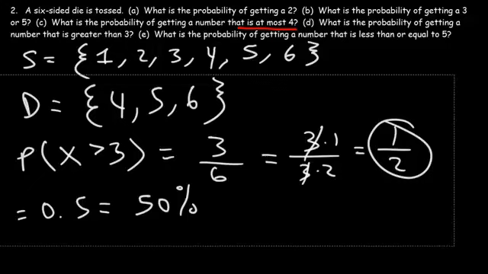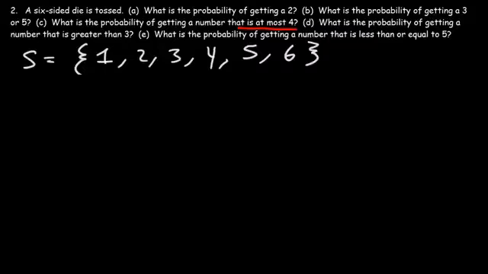So as you can see, it's not difficult to calculate the probability of an event occurring. It's pretty straightforward, but with many examples, you can see what to do. Now, what about the last part, part E? What is the probability of getting a number that is less than or equal to 5? So event E, numbers that are less than or equal to 5, that's everything except 6.